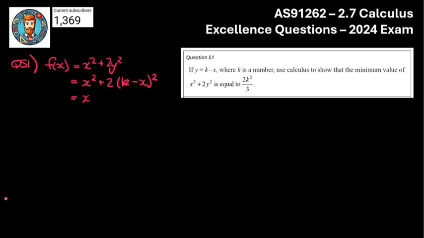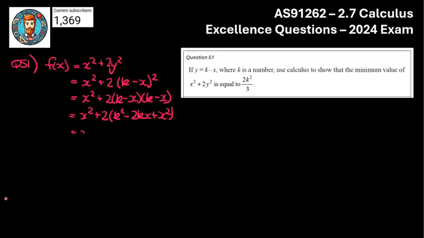So expanding that, it's going to be x squared plus 2, and don't forget, this is going to be a double bracket, so I'm going to rewrite that out as (k minus x)(k minus x). I'm now going to expand this. So we've got x squared plus 2 lots of k squared minus 2kx plus x squared.